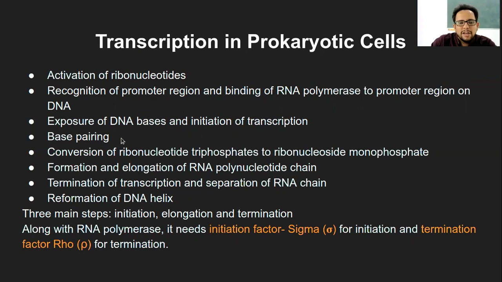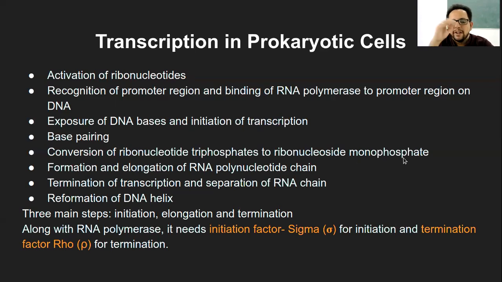The fourth step is base pairing, which is nothing but the RNA polymerase taking the complementary base pairs and adding them continuously. Again, we had seen this in the case of replication. So that is base pairing. Now, after base pairs are formed, conversion of ribonucleoside triphosphate to ribonucleoside monophosphate.